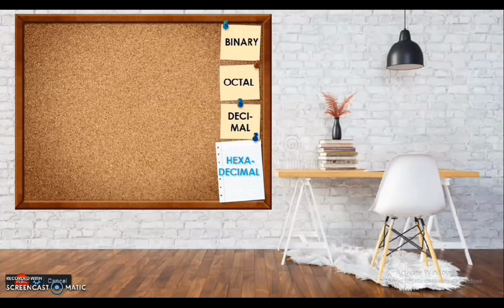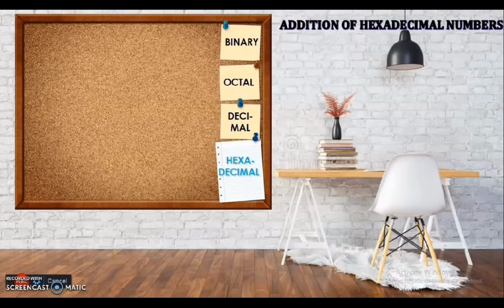So now, let's move on to the next example, which is addition of hexadecimal numbers. Sa pag-add ng hexadecimal number system, palagi nating tatandaan na ito ay base 16 at binubuo ng numbers mula 1 to 9 at capital letters na A to F. The capital letters A to F has corresponding values na makikita natin sa table.